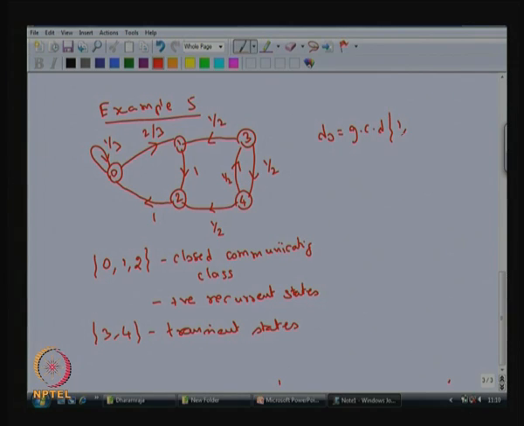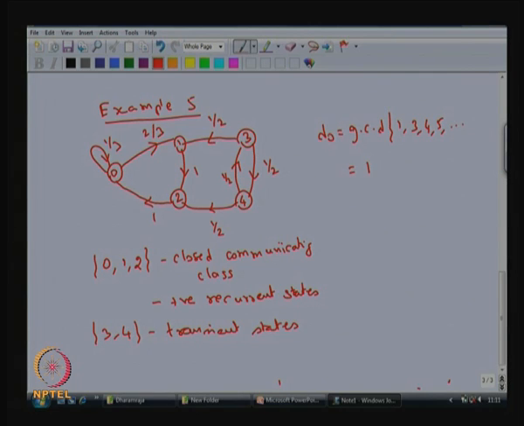It can take 1 step, or it can take only 3 steps without making a self loop: 0 to 1, 1 to 2, and 2 to 0. So it can return in 1, 3, 4 or 5 steps. 5 steps means it makes a 2-step self loop, then the third step goes from 0 to 1, 1 to 2, then 2 to 0. Therefore, the greatest common divisor is going to be 1.